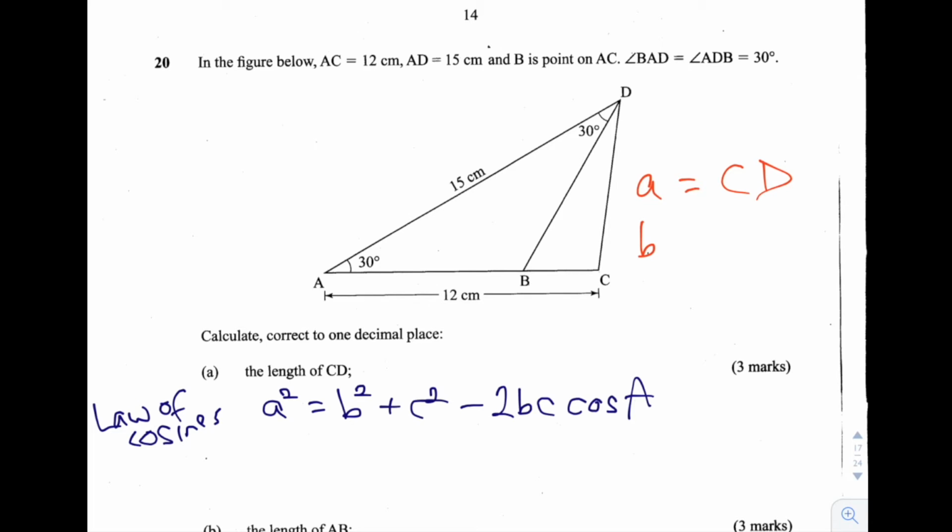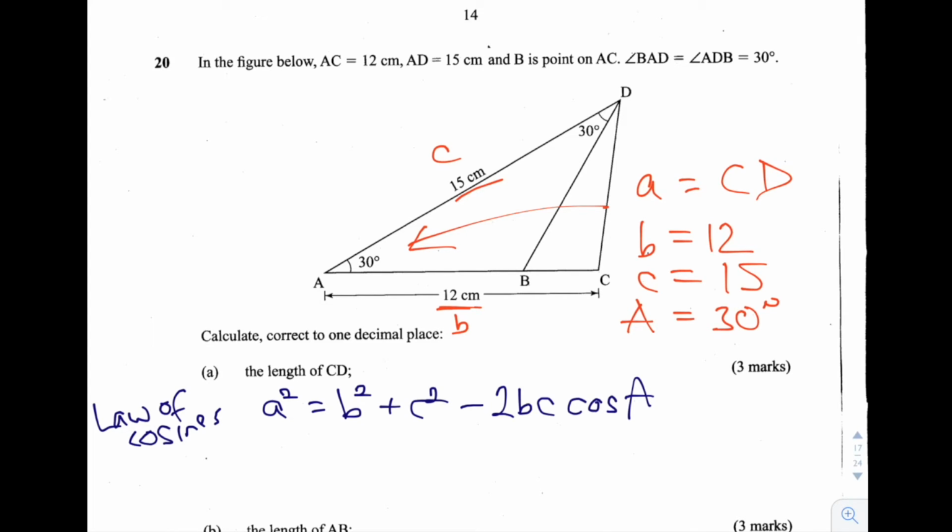It doesn't really matter that much in a formula like this, but in others it might get a bit complicated. So let's say b is equal to 12, so it's this length here. c is 15, this length here. And our angle A is 30 degrees. It's the angle that's opposite this side here, CD.